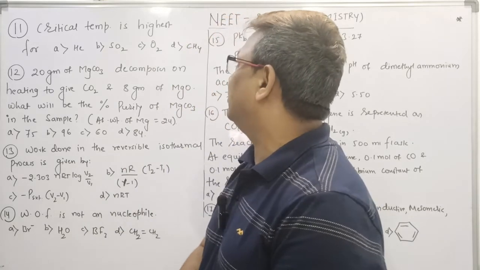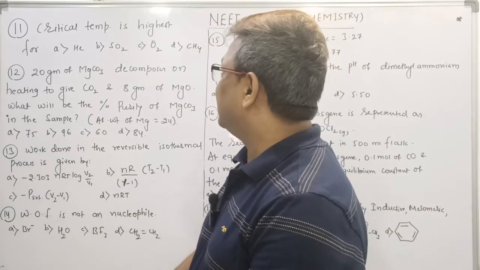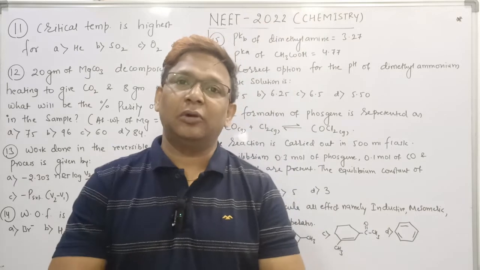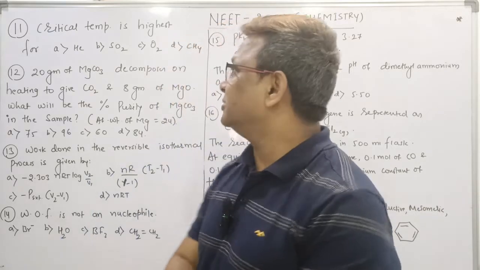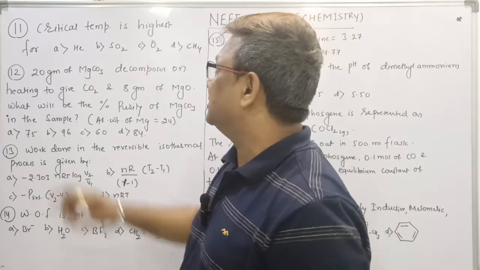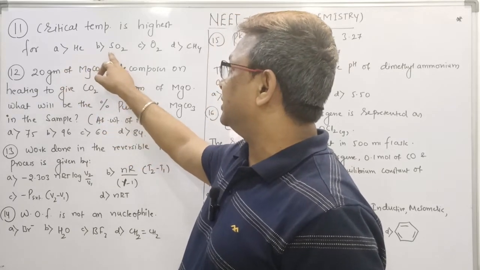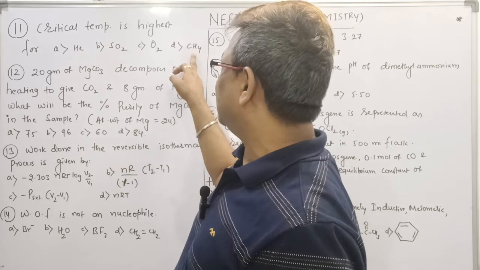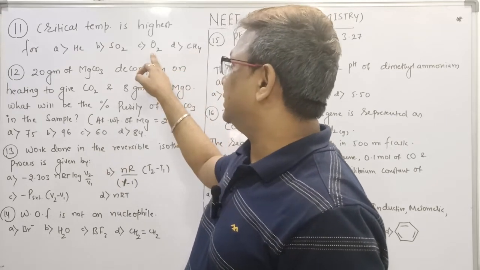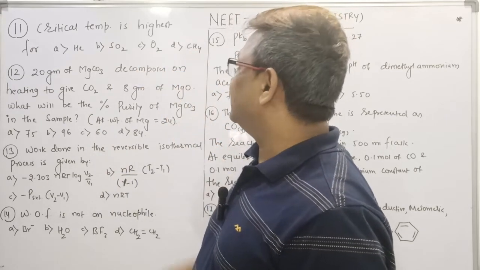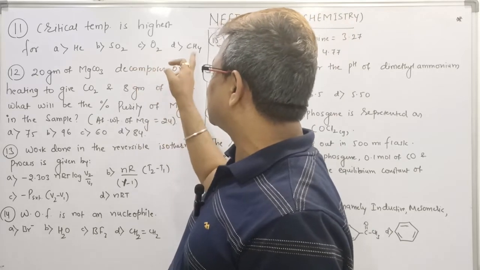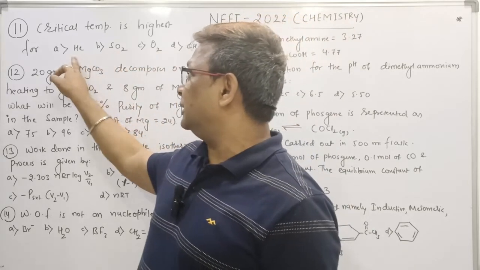Otherwise, simply I will tell you. Higher the critical temperature for the gas which has a greater molecular mass. Among these, which has a higher molecular mass? Helium atomic weight 4, SO2 is 32 plus 32, 64, this is 16, and this is 32.